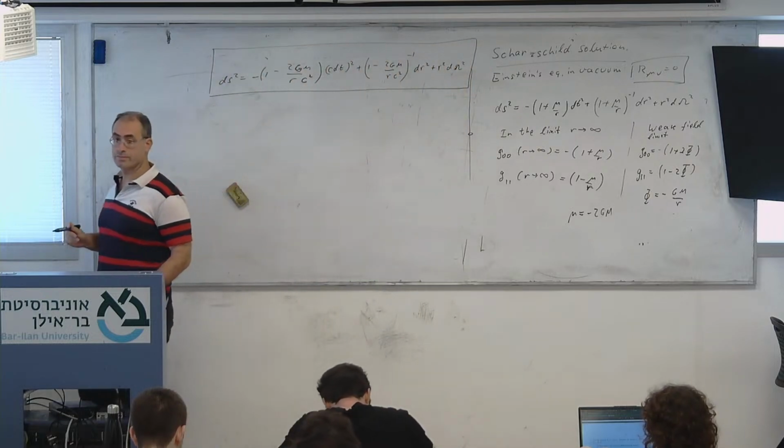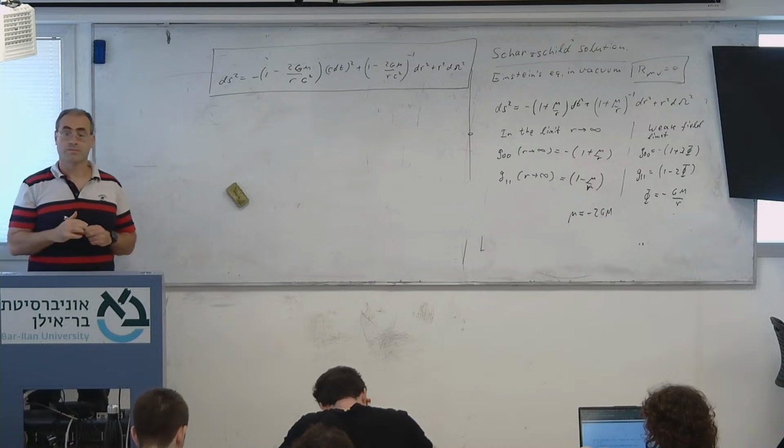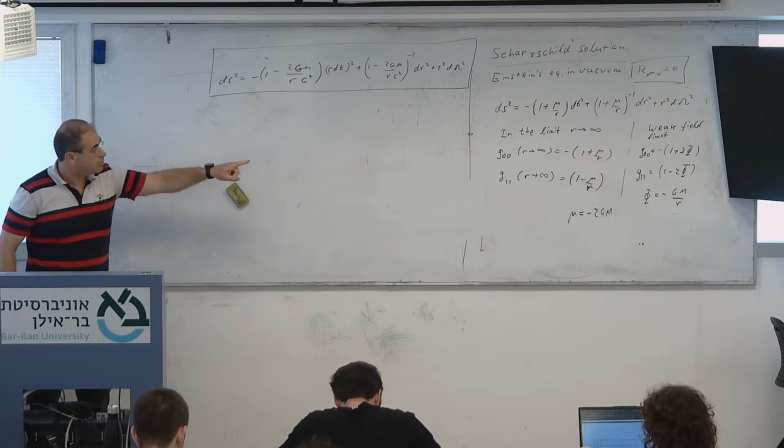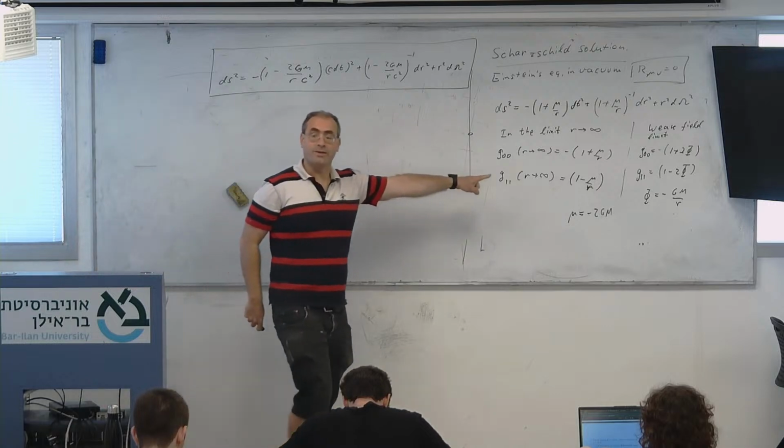Still didn't answer the question why t is the time. It is, because I matched it to what I know in the weak field limit, in the asymptotic limit.